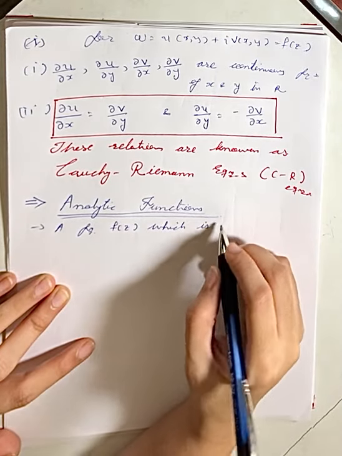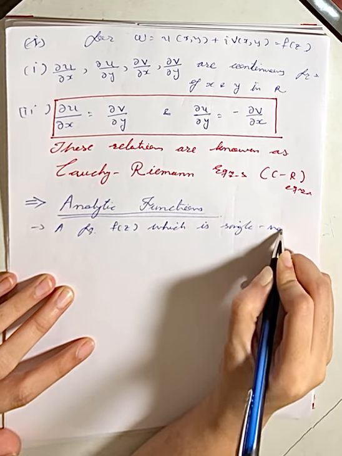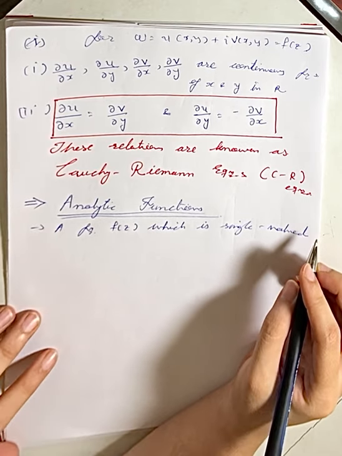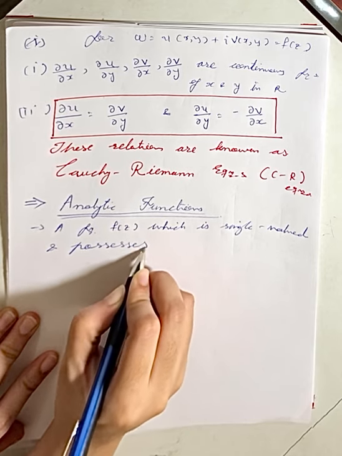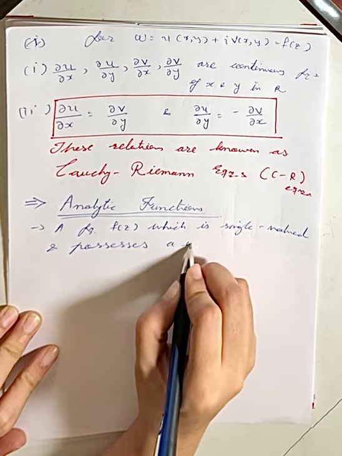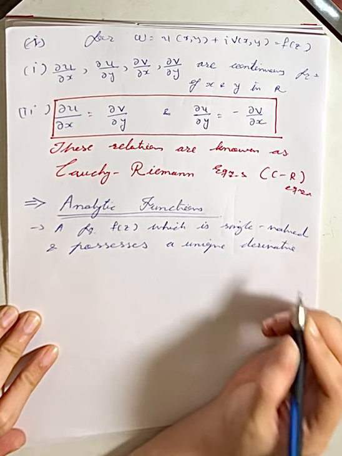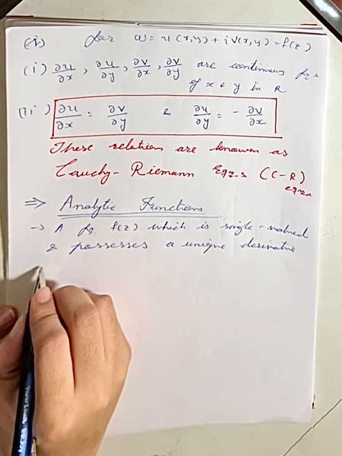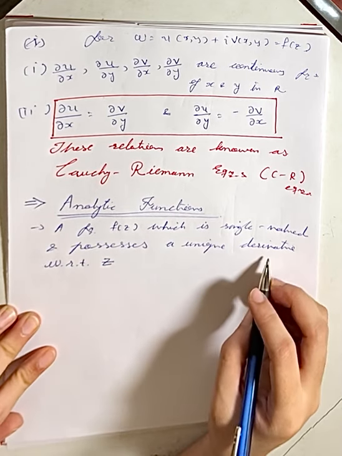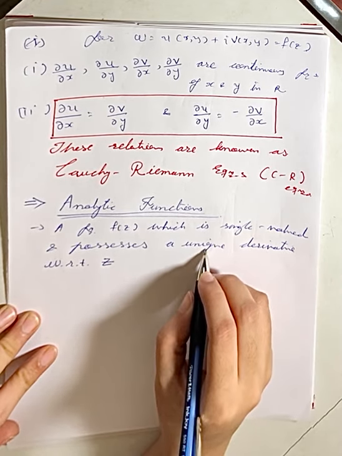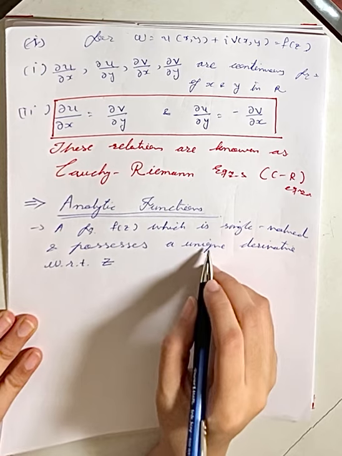So a function f of z which is single valued and possesses a unique derivative with respect to z, so its derivative is also unique, right? The derivative itself is also single valued.